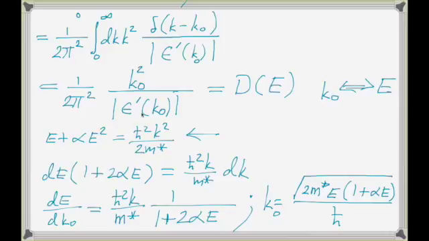I'm just going to plug these two terms back into my formula for the density of states. And finally, after a little manipulation, I get the density of states in our two-band model, or at least the low energy form of our two-band model near the band edge.